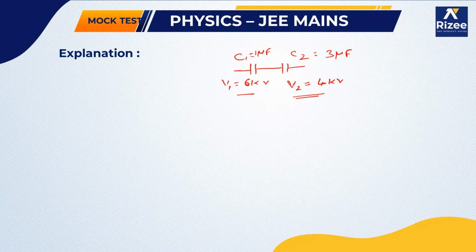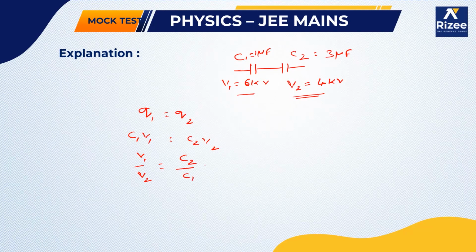Since the charge is the same in the series combination, Q1 equals Q2, so C1V1 equals C2V2. Then the potential drops V1 and V2, when connected to a battery, will be in the ratio C2 to C1, which is 3 to 1.